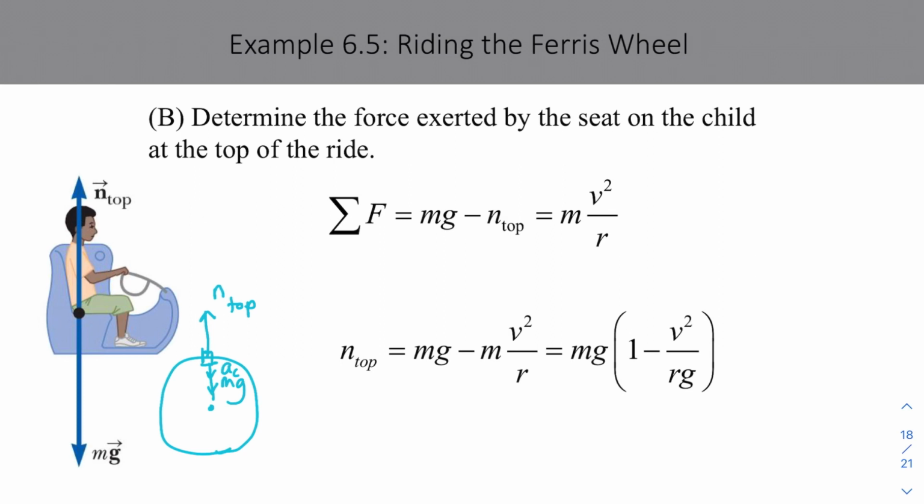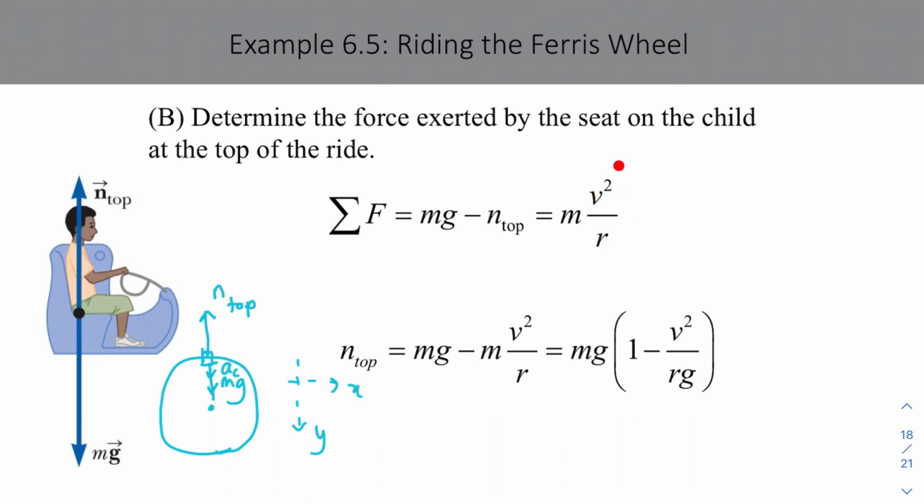Then the summation of F, again along y, is equivalent to m a_c. But here mg is taken as positive, which is similar to a_c. It's downward, so we are setting positive y downward. mg minus normal at the top equivalent to m a_c.